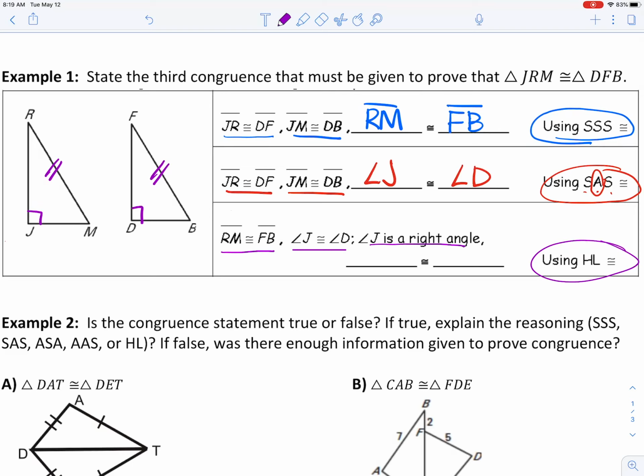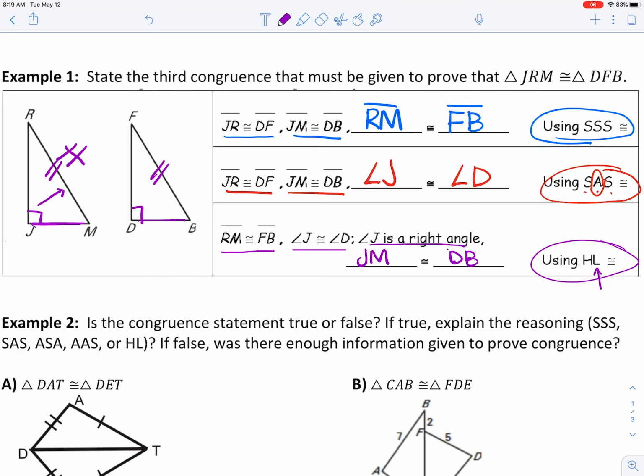Oops, maybe I should have made that 90 degrees then, because they're the same and they are a right angle. So for hypotenuse leg, yes, we've got our right triangle, so that's good. This side here, RM, is opposite the 90 degrees, so that means that is our H. That's our hypotenuse. So now what we're missing is the leg, okay?